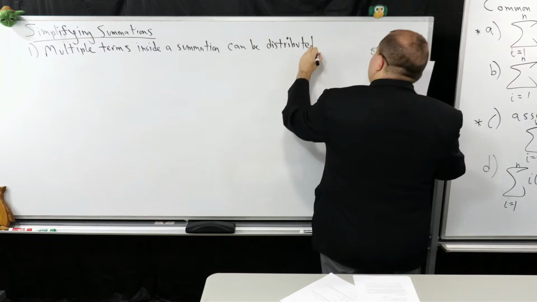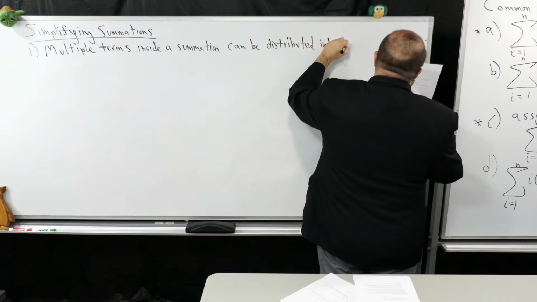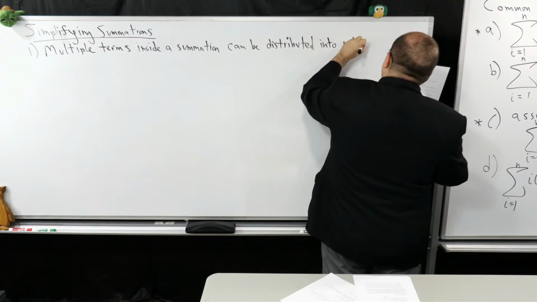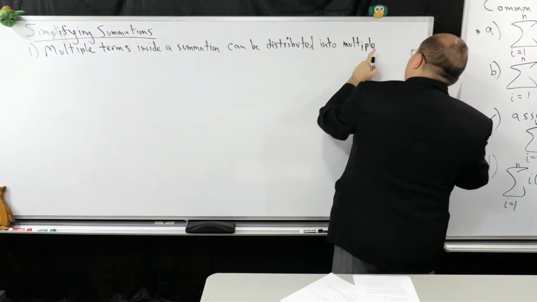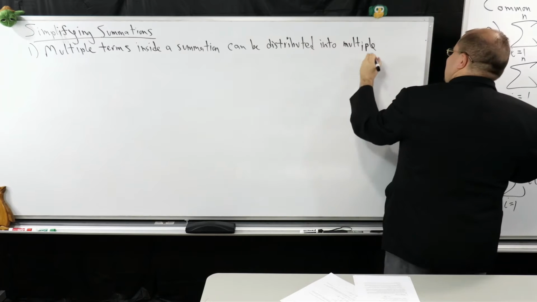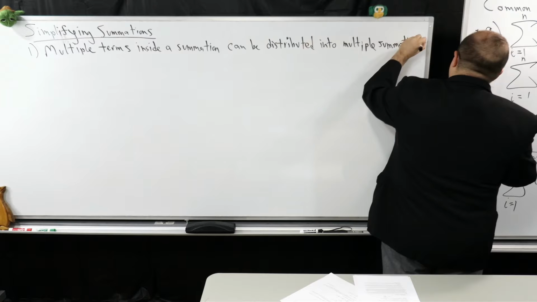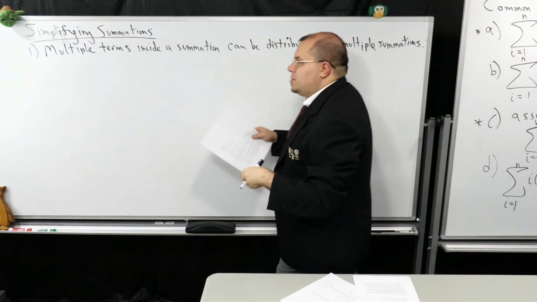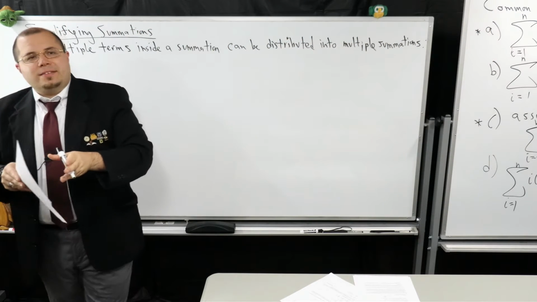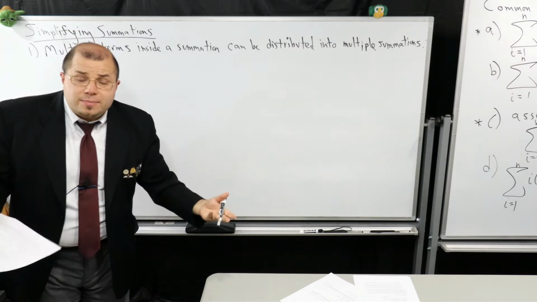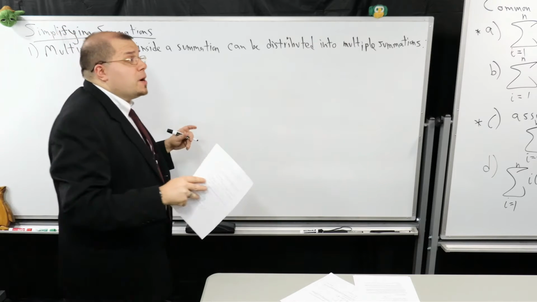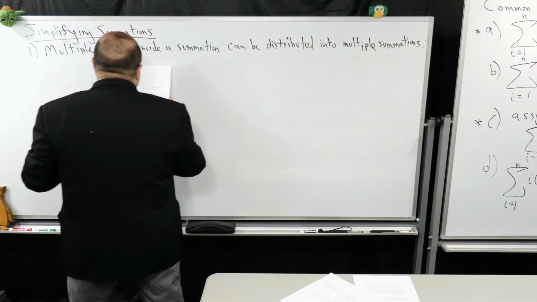Distributed into multiple summations. So the tip is, if you see a very complicated summation, distribute it into a bunch of smaller summations if you're not sure what to do with it.